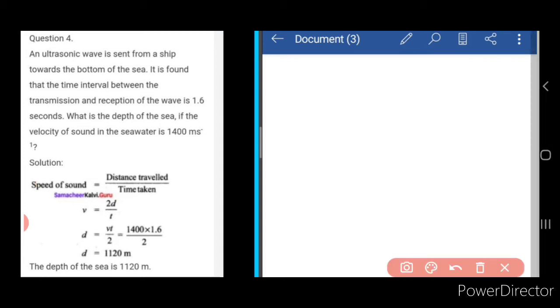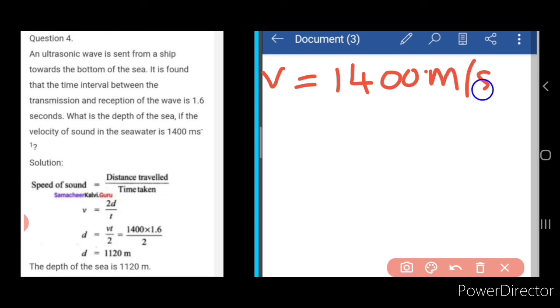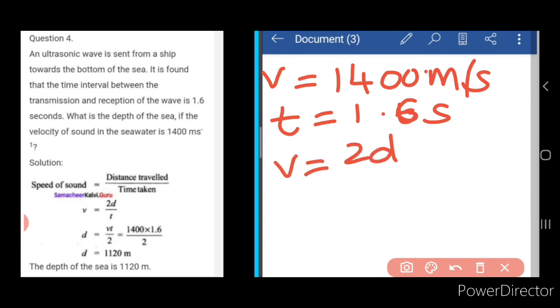The time is given, and we are going to find out the distance. So V is equal to 1400 meter per second, right? Now T is given as 1.6 seconds, right?